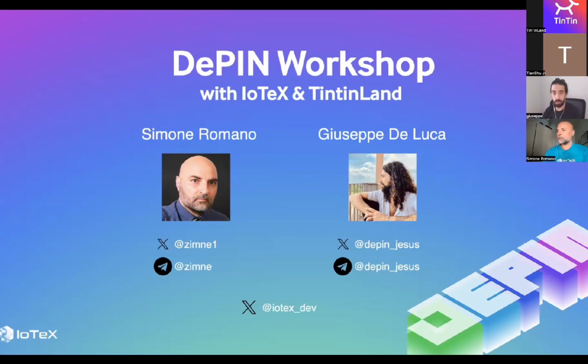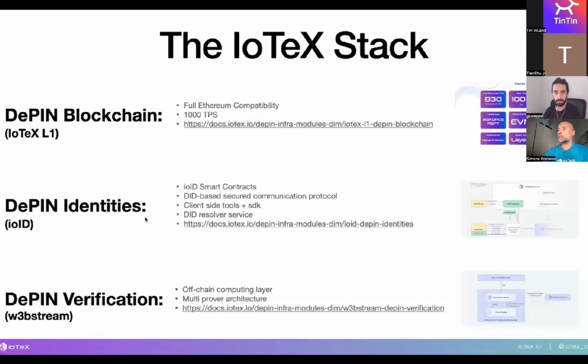All right, so I wanted to quickly introduce IoTeX and what IoTeX does. IoTeX provides a modular infrastructure to build DePIN applications, just like we talked on Tuesday. So what does that mean?